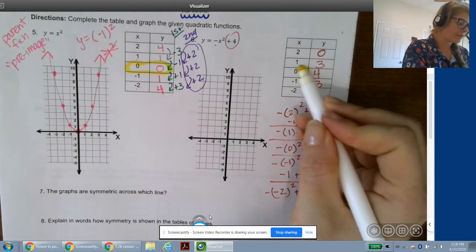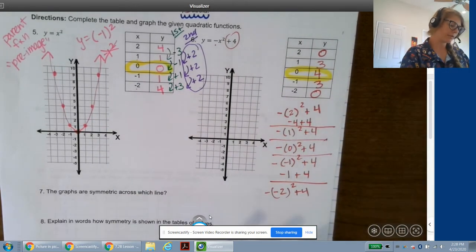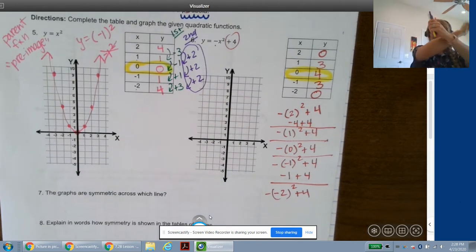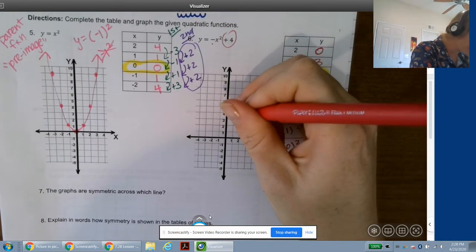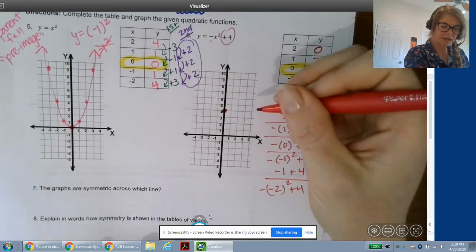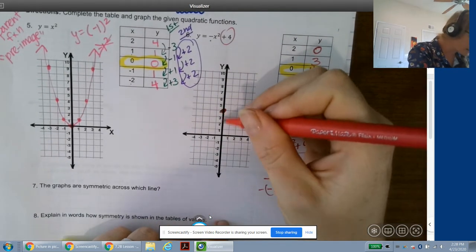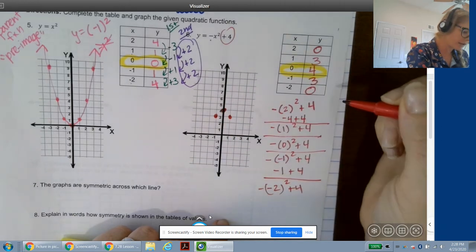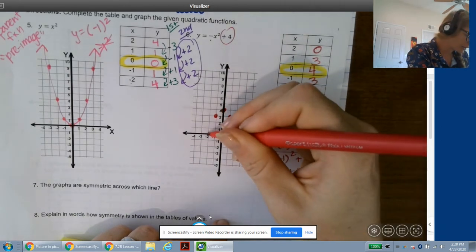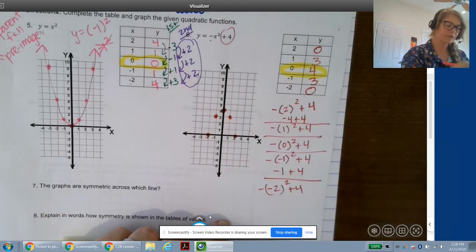And taking a look, that means our vertex should be at 0, 4. And 0, 4 is a y-intercept. Your x is 0. So we're going to go up to 4. And then from here, we're going to go negative 1, 3, 1, 3, negative 2, 0, and 2, 0.